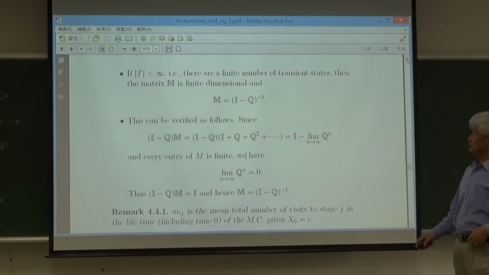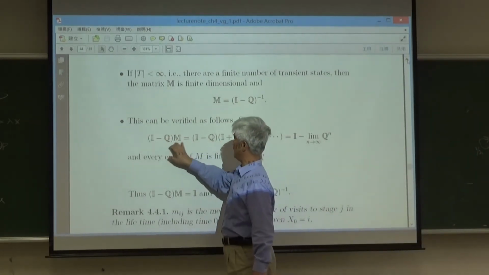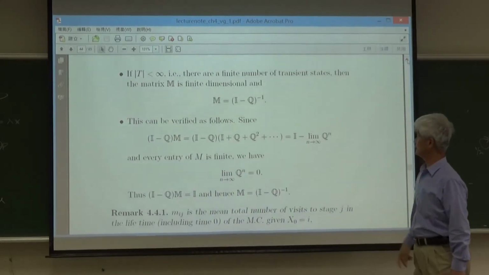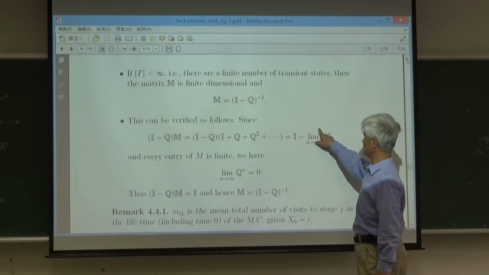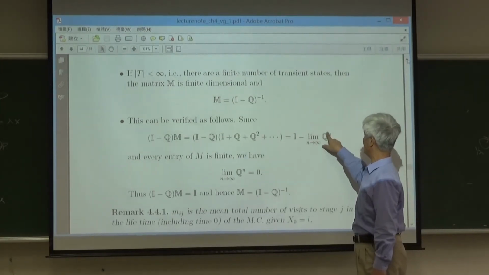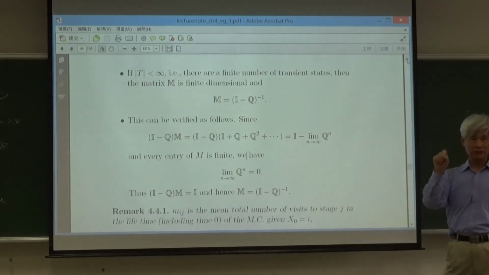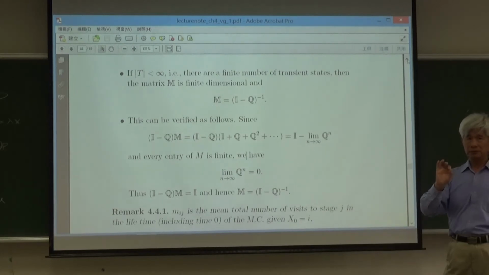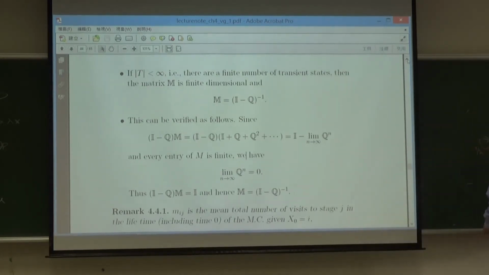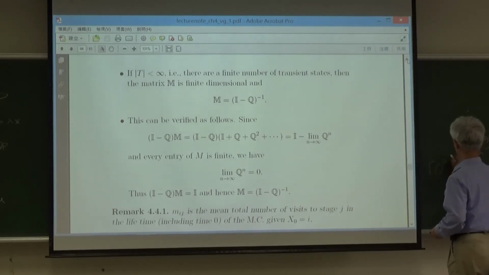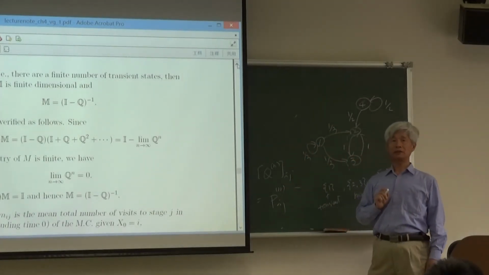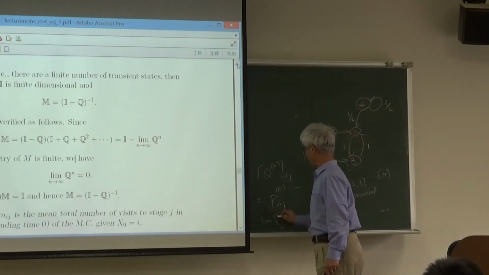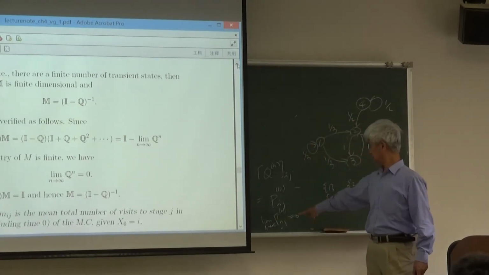This is because we can verify that I minus Q times M goes to here, and Q^n is equal to 0, because the n-step transition probabilities are equal to 0. We proved that before. Q^n, with the n-step, the limit of Q^n_ij as n goes to infinity is 0 if the state j is transient.